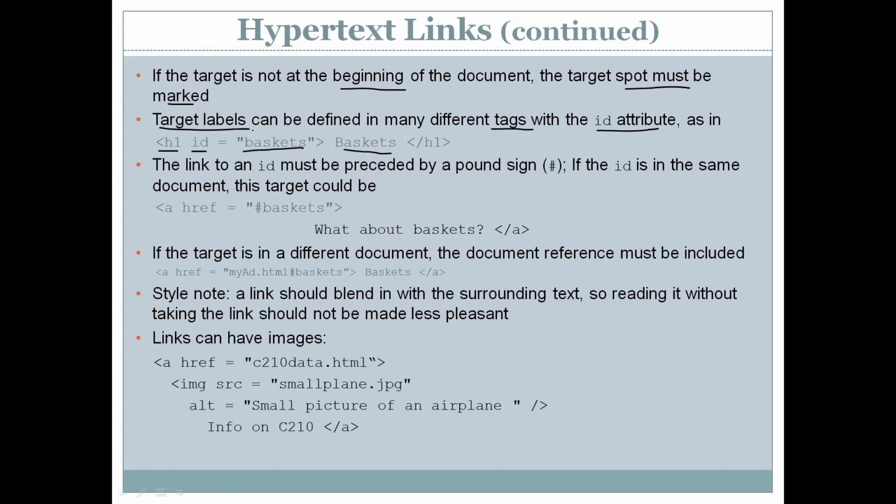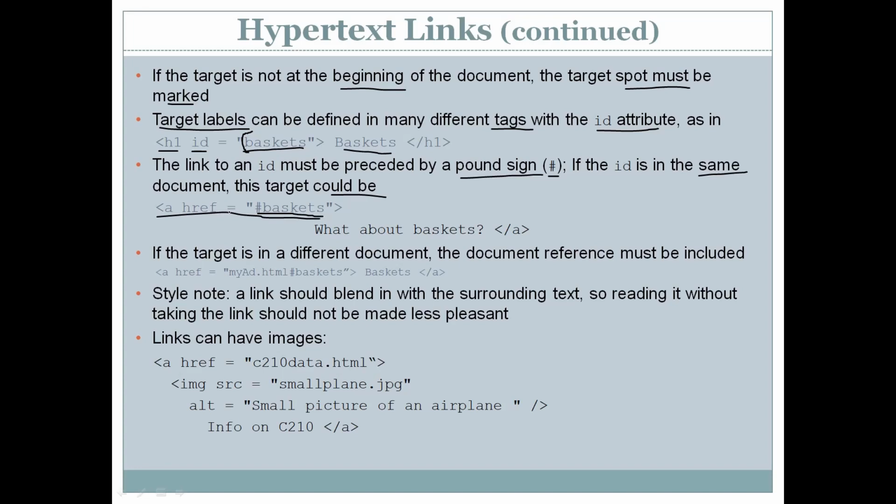Now if I want to link to this particular part, then a link to an ID must be preceded by a pound sign, or you can say the hash symbol. If the ID name is the same in the same document, you can specify the target as href equals hash basket.